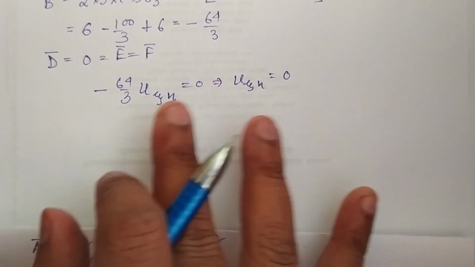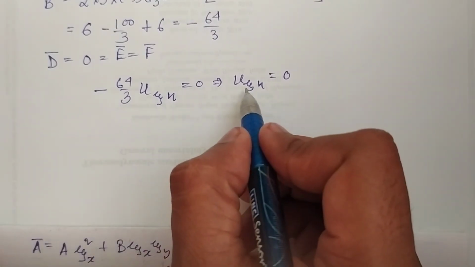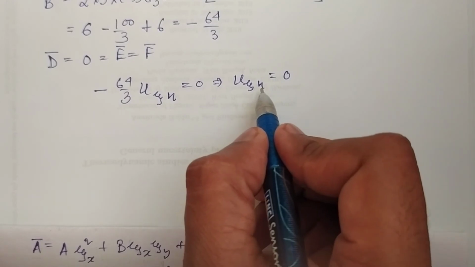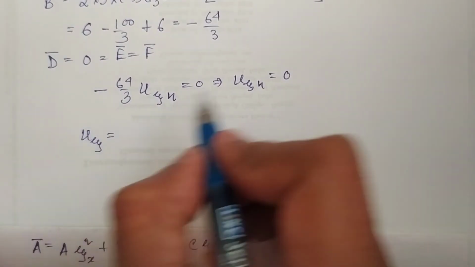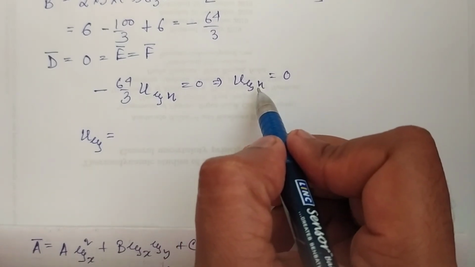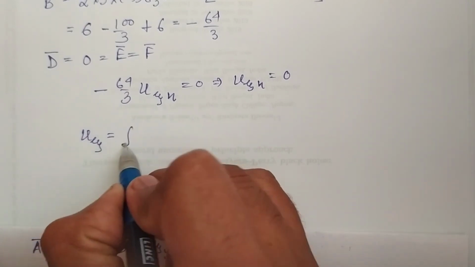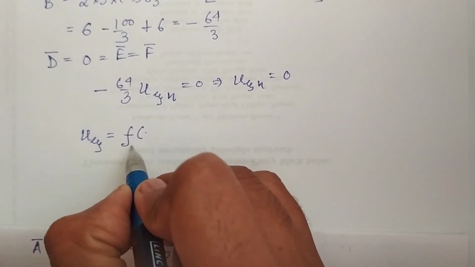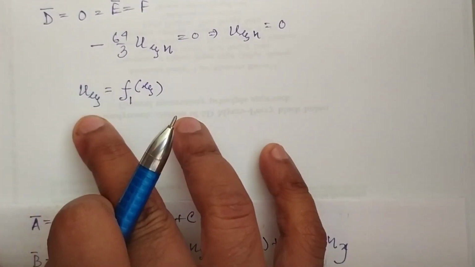And now if you try to solve this, whenever you are solving, first take eta as a constant, then we are trying to integrate it with respect to eta, that is xi is constant, and this is equal to some f1 of xi, say, and then integrate the whole thing with respect to xi.